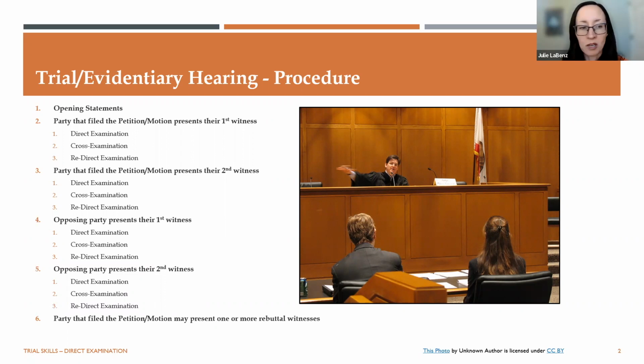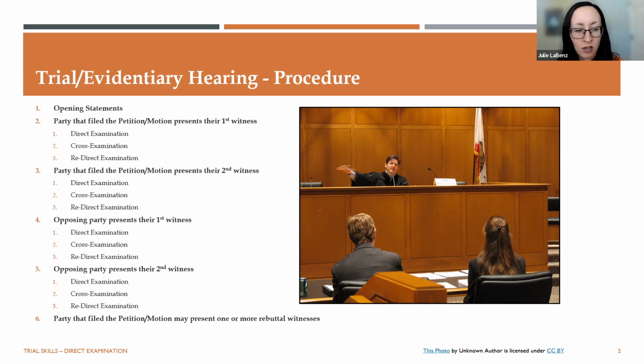They present their first witness, who gets questioned on direct examination, then gets questioned by the opposing party on cross-examination, and then there can be some final redirect examination where the witness can clear up or give some more detail about anything that was asked about on cross.